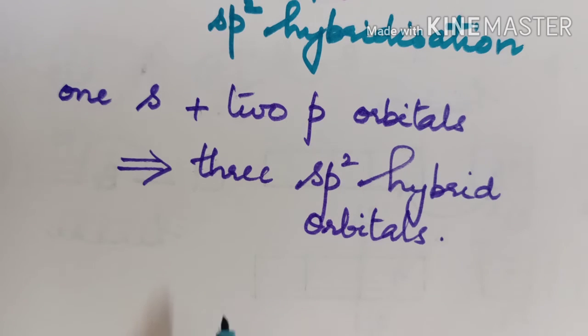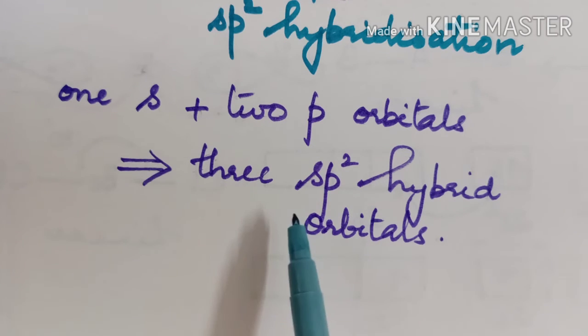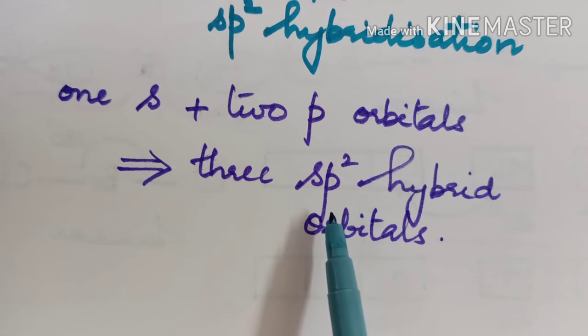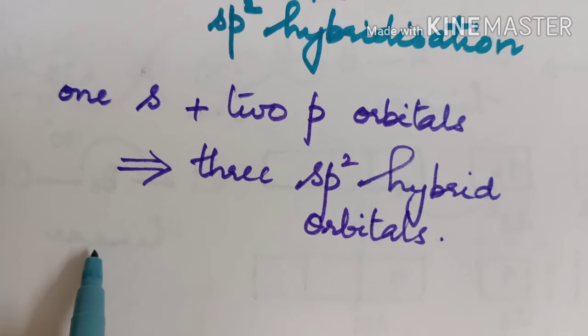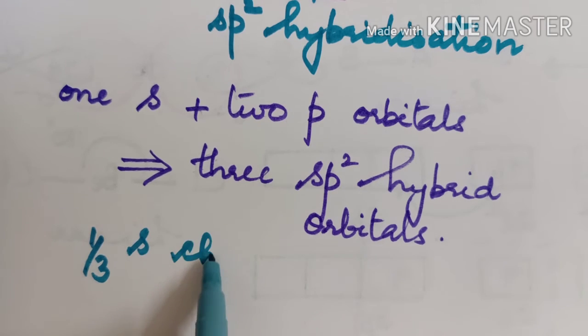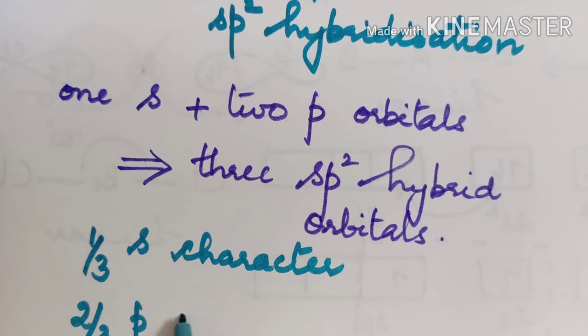On checking the characteristic of the hybrid orbitals formed, you find that one s orbital is mixed to form 3 sp2 hybrid orbitals. So it is having 1/3 s character and 2/3 p character.